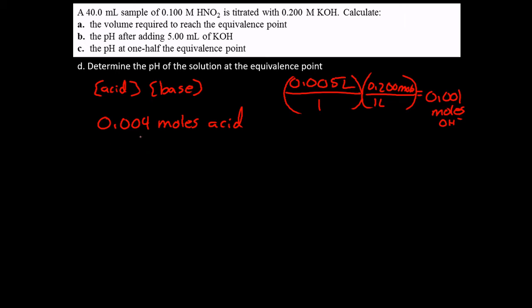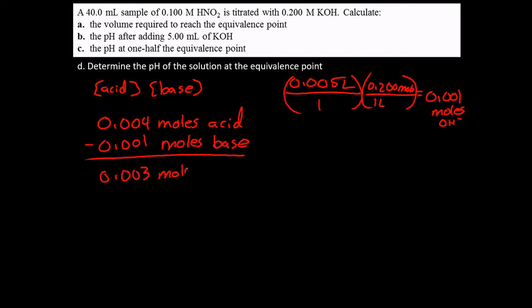So we're going to have 0.004 minus 0.001, which is going to give us 0.003 moles of our acid left over. And this 0.001 moles of base just didn't disappear. It converted 0.001 moles of the acid into its conjugate base.